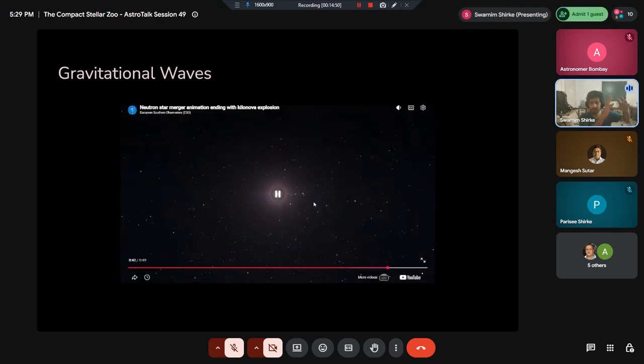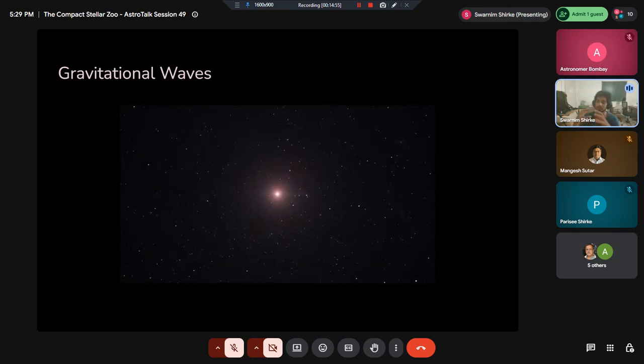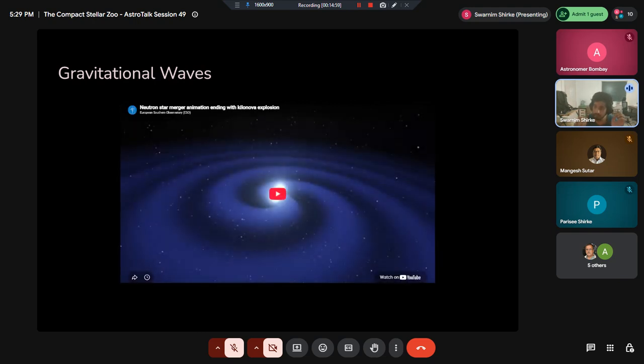So we have electromagnetic observations, we have gravitational wave observations, and we also now have neutrino observations, detecting the neutrinos coming from different directions. Each of these gives complementary information about different objects.